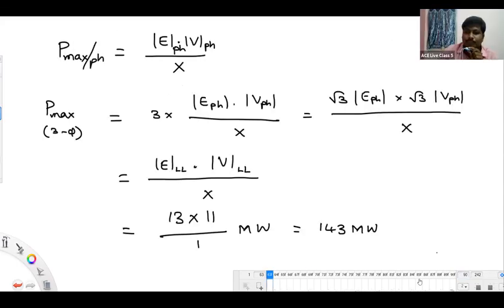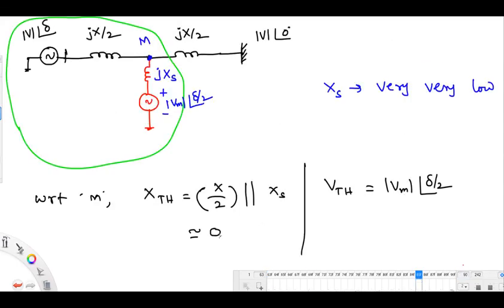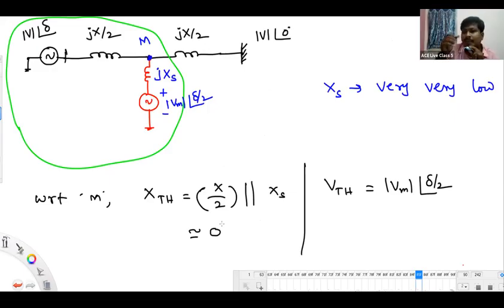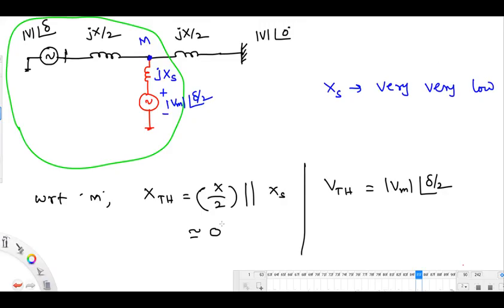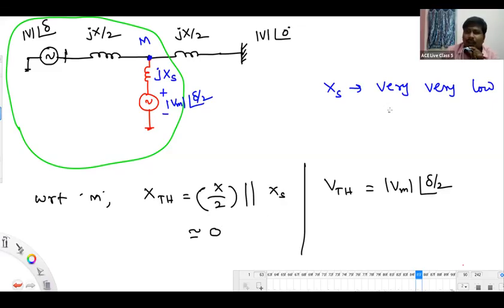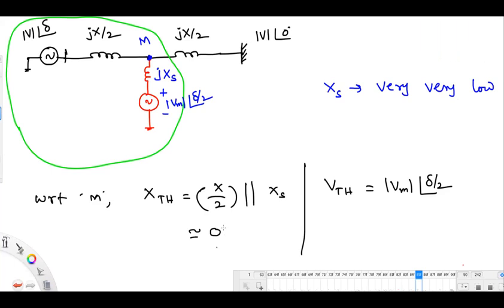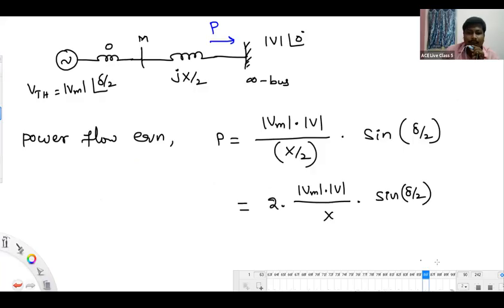Sir, why did we take the excess value low there? I did not understand. Naturally, you have a coupling transformer between the STATCOM and the line. That coupling transformer will have very, very low reactance. So if it is not negligibly small, you get only a very low number, so you don't get the P maximum value double.